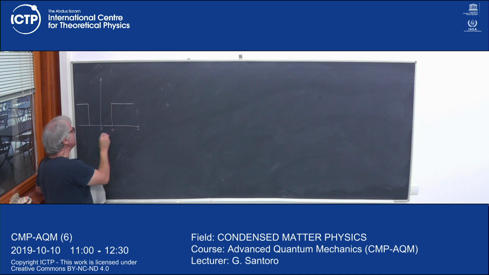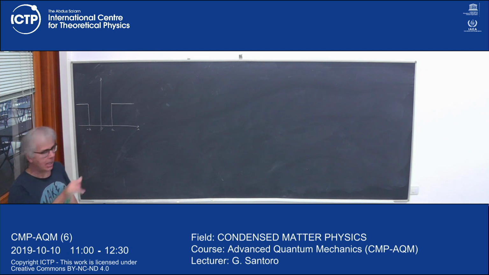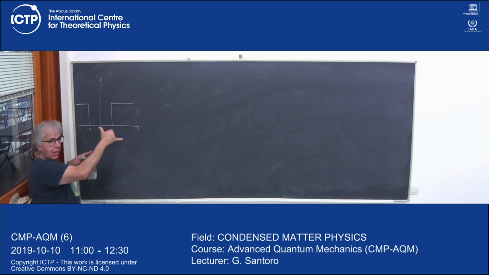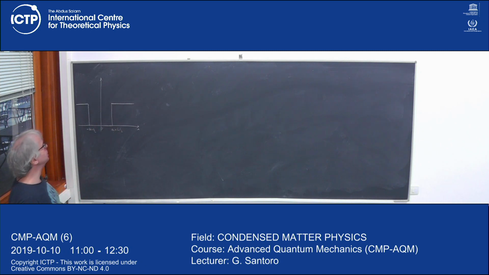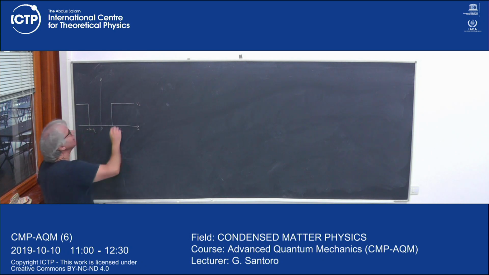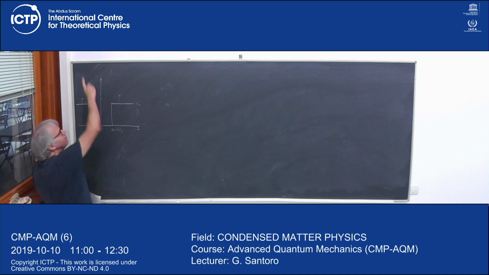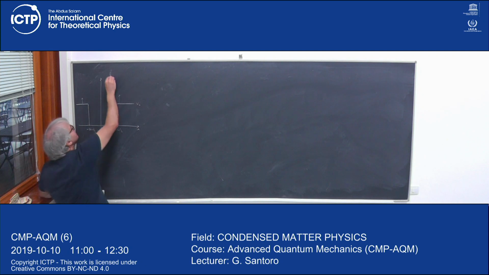I call this A and this minus A. In the notation that we had last time, there was L to be the total width of the well, so this would be, say, L over 2, if you want to make a transcription of the thing. But the potential here is V0, okay? So the infinite square well is obtained when you send V0 to infinity, okay? Now this is finite.